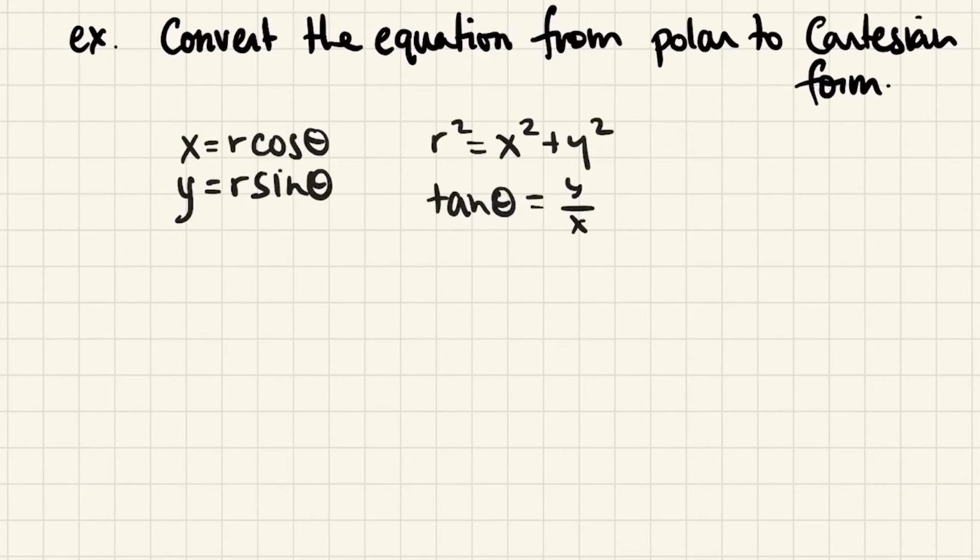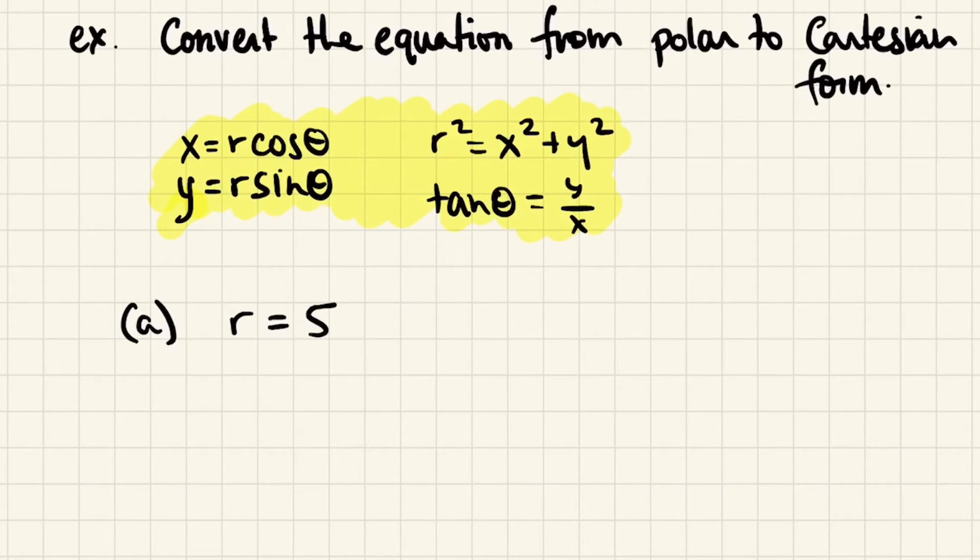So let's look at our first polar equation, which is simply r equals 5. What we want to do is look at this entire array of formulas here and see how we can use one or more of those to get everything in terms of x and y.